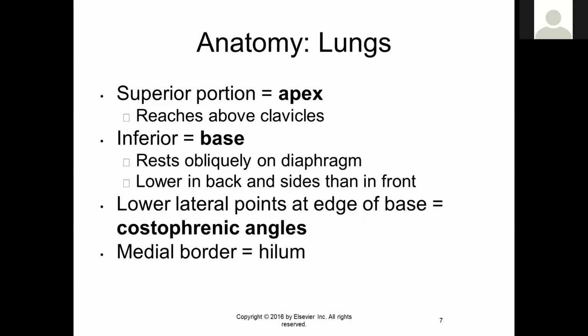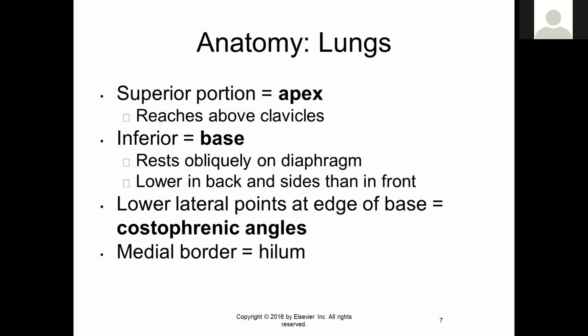So it's not like your diaphragm is just a flat drum head. It actually drops in the posterior portion. So there are parts of the lungs that you will not see on your typical posterior-anterior projection. We need a lateral view of the lungs to see all of the lung cavity that extends on the posterior side of the diaphragm.